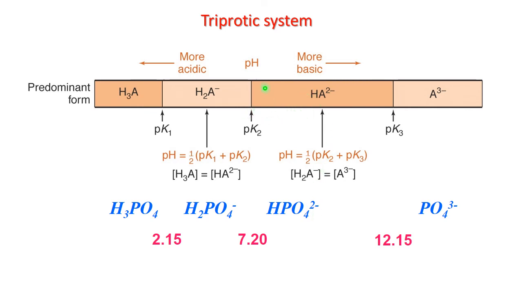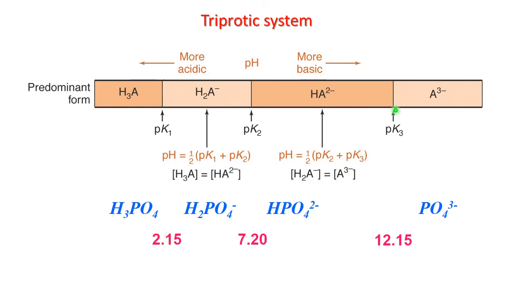Next, the area of predominance of hydrogen phosphate. At pH equal to pK2 plus pK3 divided by 2, I'll have pure HPO4 2 minus right here.